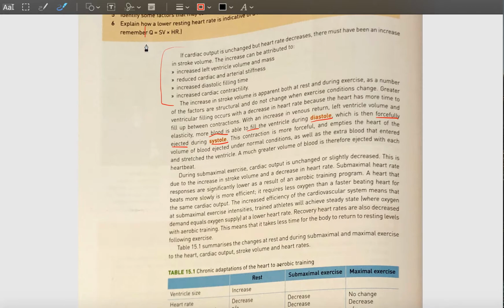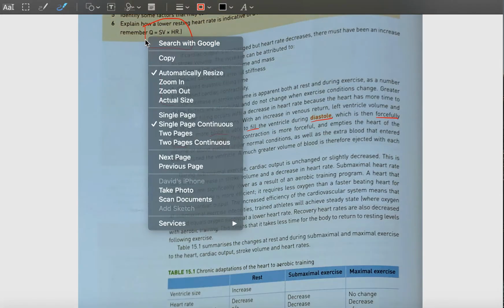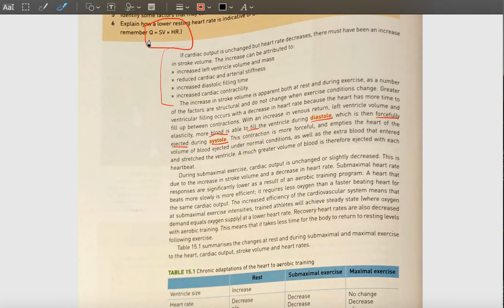So in this equation, the cardiac output, the amount of oxygen and blood coming out of the heart per minute, is going to stay the same at rest. Because my heart is bigger, more blood can come out per beat, then fewer beats need to occur in that minute. There's a couple of things that we can look at here. The left ventricle is bigger.